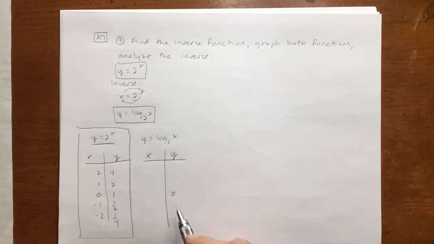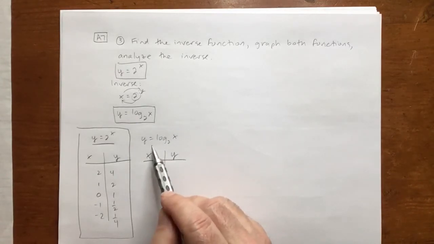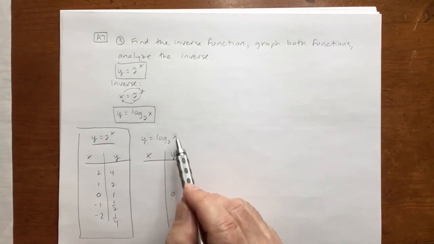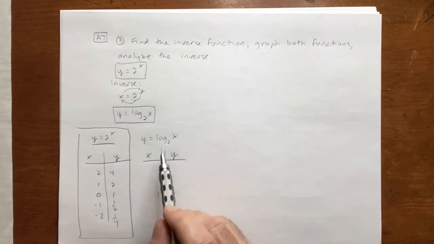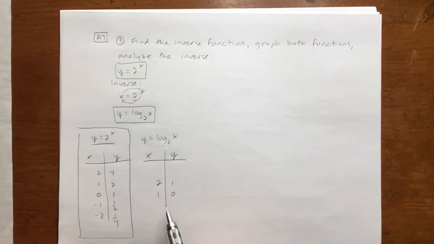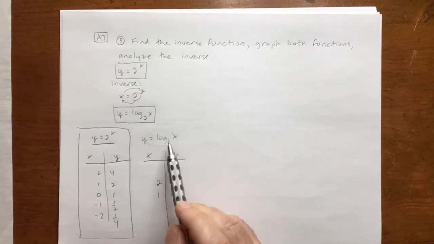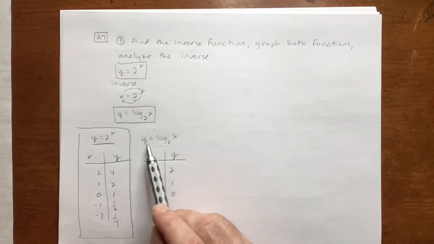I'm going to choose y equals 0. So now I'm saying 2 to the 0 is what? Well, clearly 1. Okay, I'll choose 1. 2 to the first is 2. Then I'll choose 2. 2 squared, remember we're choosing the y. 2 squared is 4.